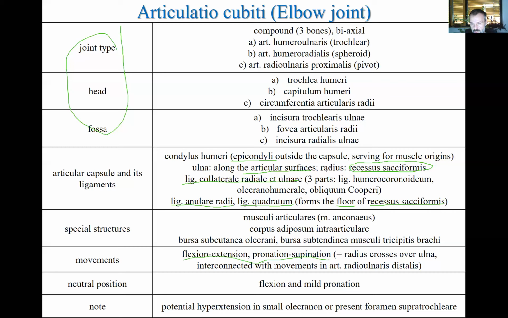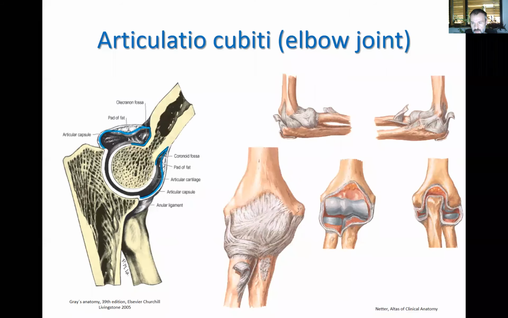And the ulnar collateral ligament has 3 parts. I'm going to show you the humerocoronoid, between the humerus and the coronoid process of the ulna, the olecranohumeral, and an oblique part. So let's go to figures to see all the mentioned structures.